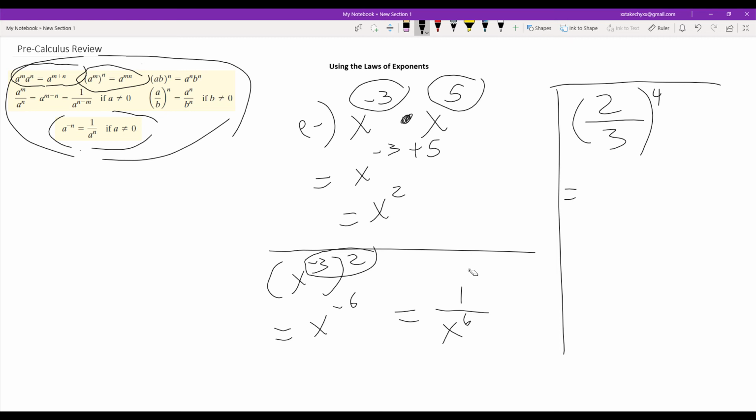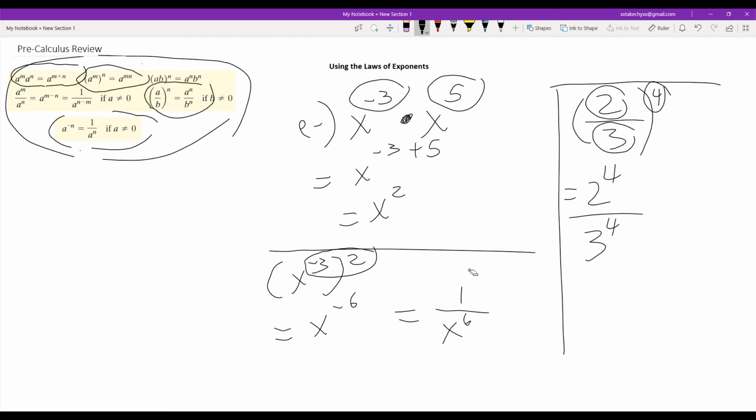Take a look at this formula here. You see that? That is exactly what is going on here. So this would be 16, I believe. Yes, over 81, if I'm not mistaken.